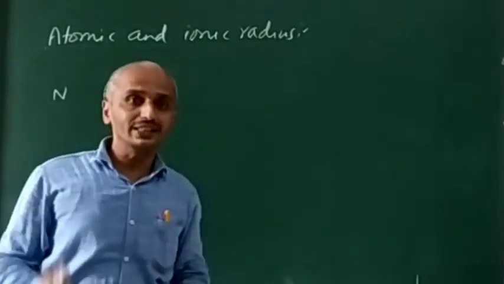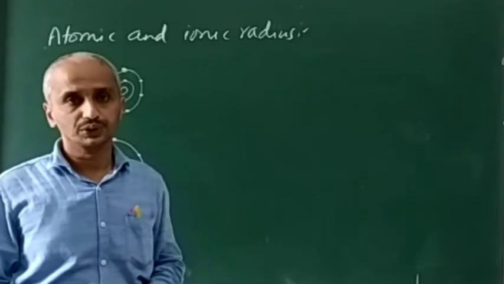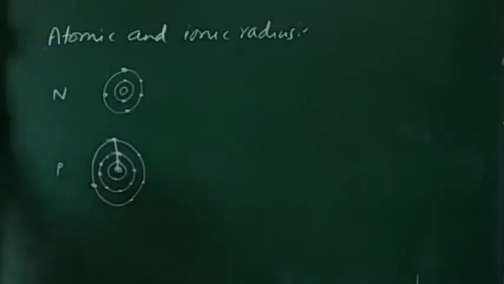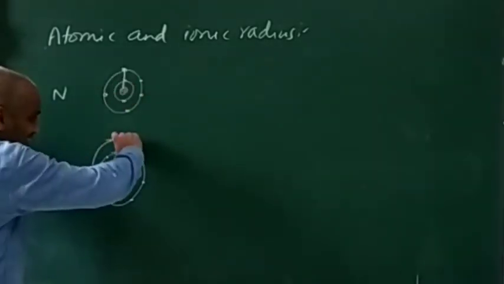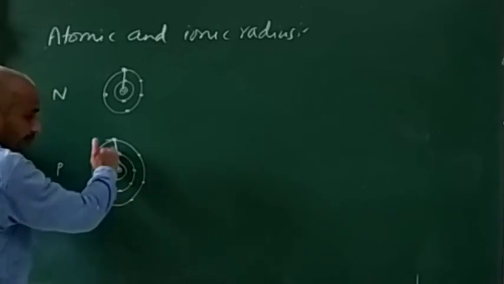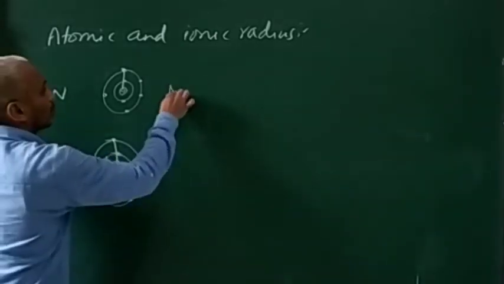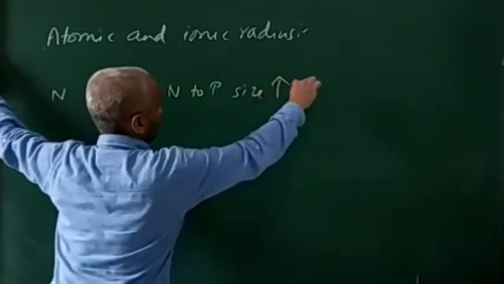Screening effect will be lesser for them because of their diffused orbital size. Effective nuclear charge will be there. But phosphorus has more inner shells, so nitrogen to phosphorus size increases drastically.